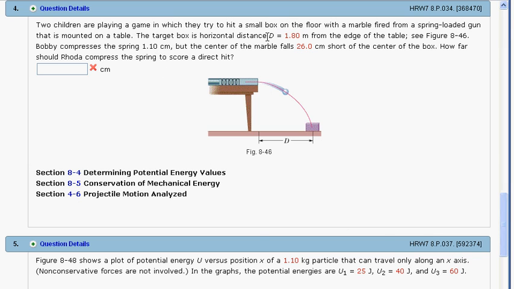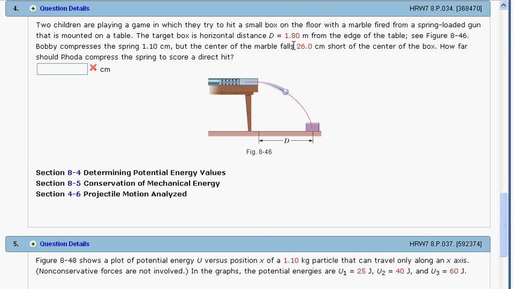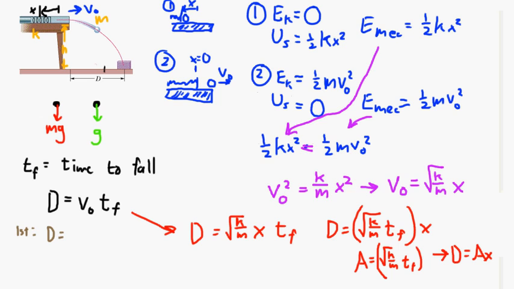The target is 1.8 meters away, and the first compression is 1.10 centimeters, but the center of the marble fell 26 centimeters short. So for the first attempt, the distance it traveled was 1.8 meters minus 26 centimeters.